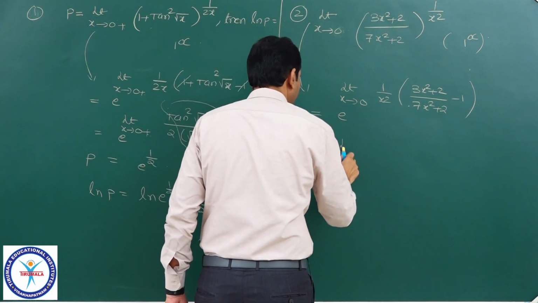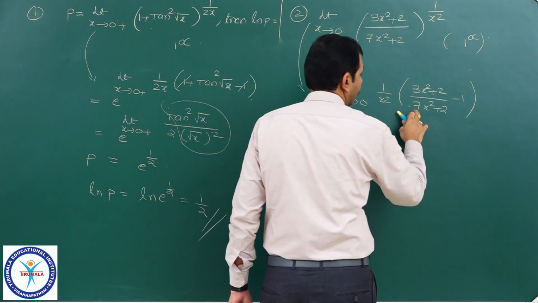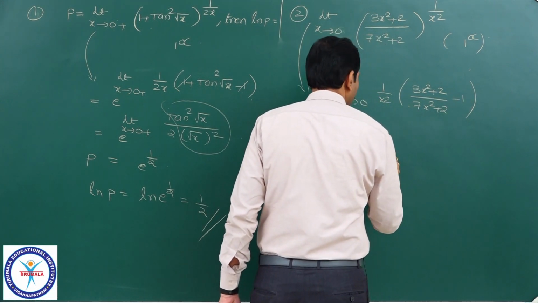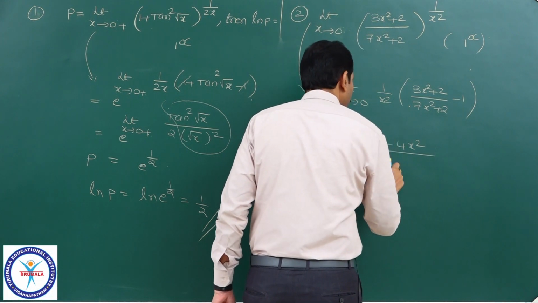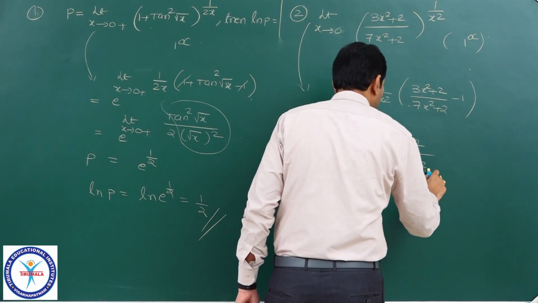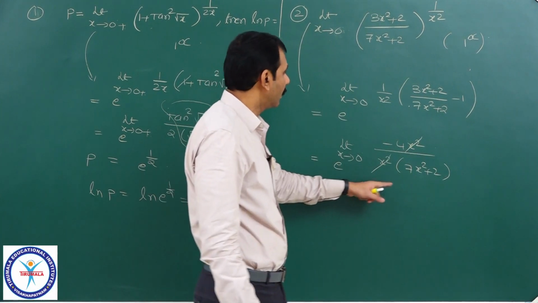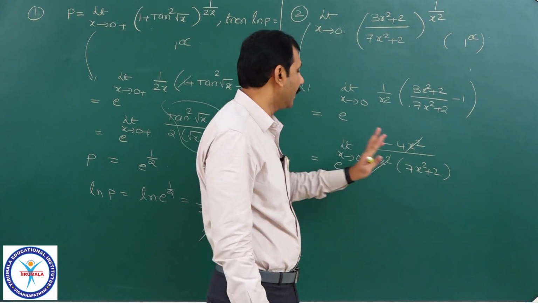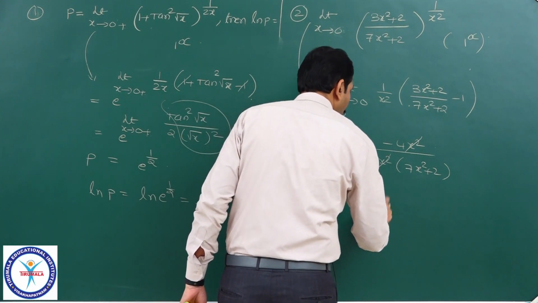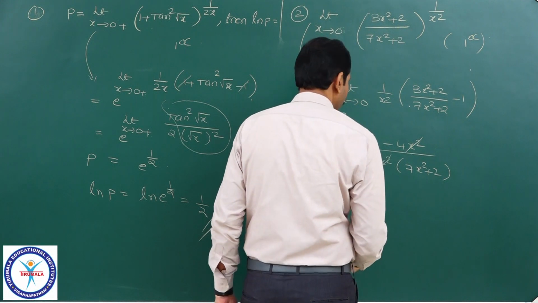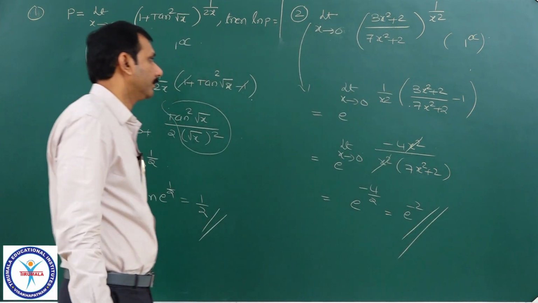It is equal to e power limit x tends to 0, if I take (3x square minus 7x square minus 4x square) by x square into (7x square plus 2), this x square cancel. As x tends to 0, now it is free from indeterminate forms. I can substitute, e power minus 4 by (2, 7 to 0 plus 2). It is equal to e power minus 2 will be the value.